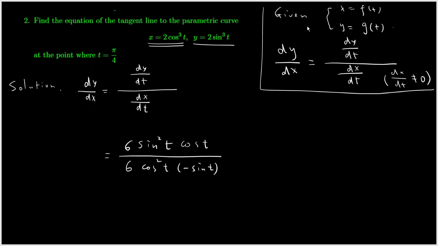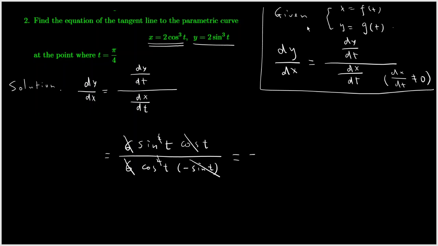I think we can cancel out something. 6 and 6 can be cancelled. We can cancel out one sine of t. We can cancel out one cos of t. So please double check for me, okay?